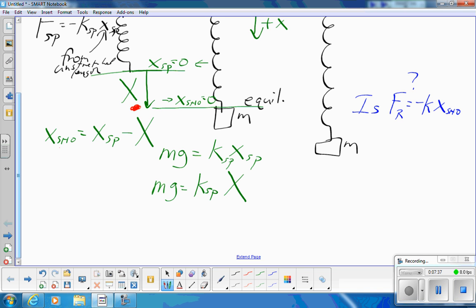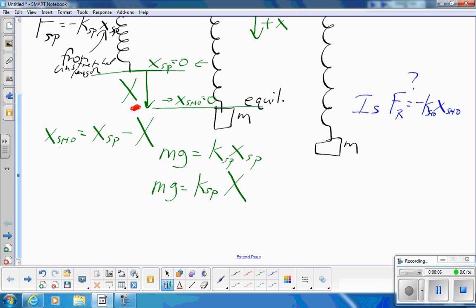And if it is, and this k is k_SHO, what is the proportionality constant that relates the amount of displacement to the restoring force? We saw in class, for instance, when we did a pendulum, that that value of k was mg over L or something like that. So we're going to find out by analyzing the forces what that k value is for this particular oscillator.